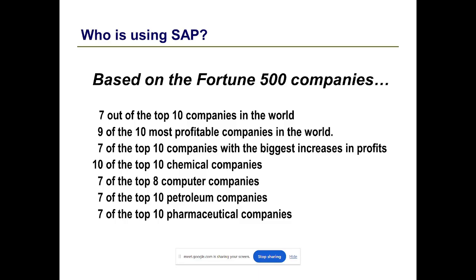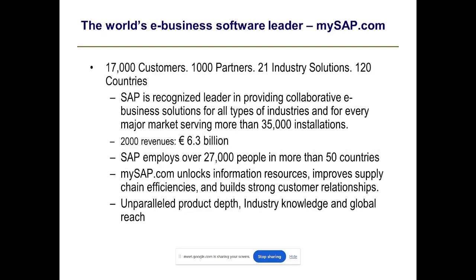You can see that the best Fortune 500 companies are using SAP. Out of 10 companies in any vertical, any segment, any area, if you observe petroleum, pharmaceutical, chemical, all companies, SAP only is used. So this is a very old slide.